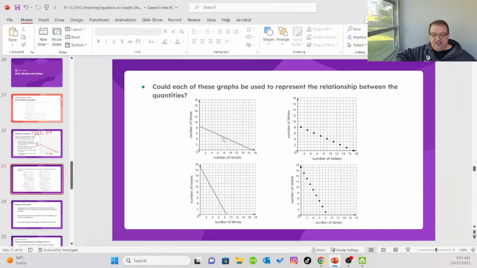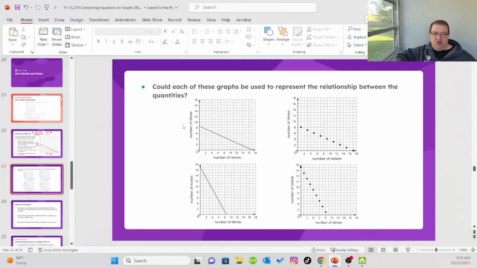If I have a solid line, I am saying every single point on that line represents a real solution. But I need to go back to when we thought about constraints. Can I have partial dimes and partial nickels?